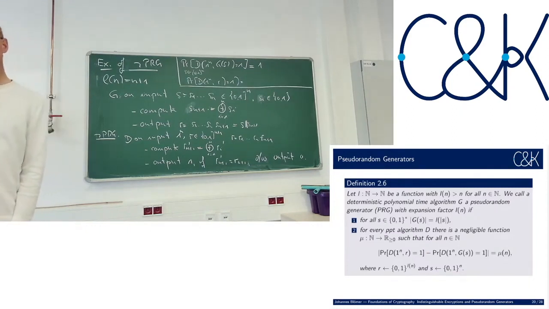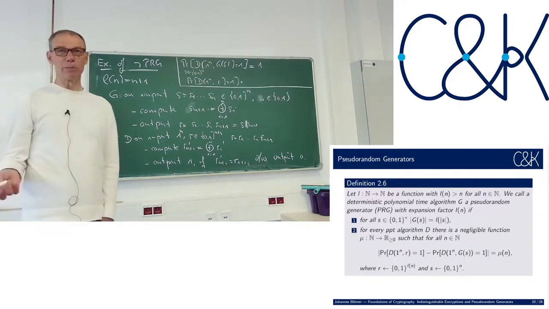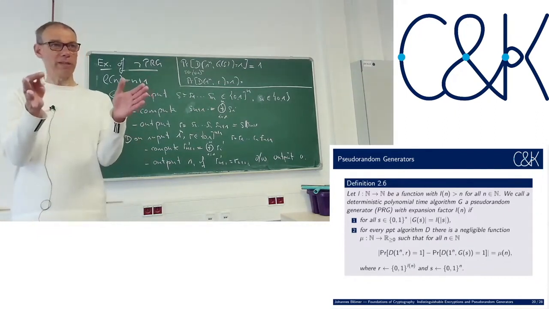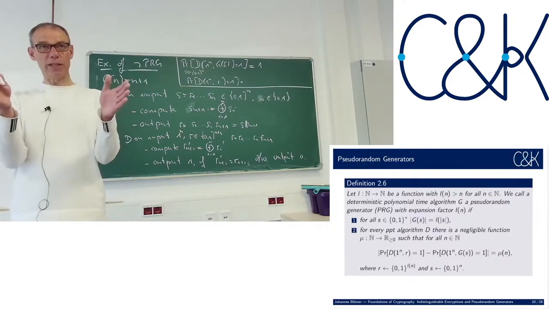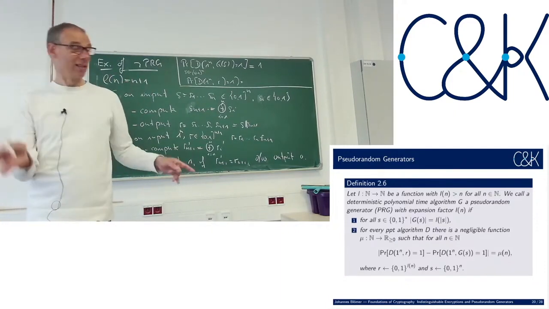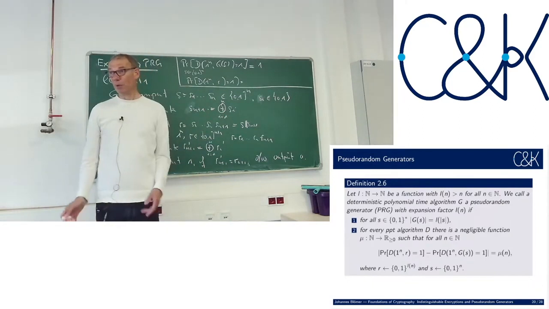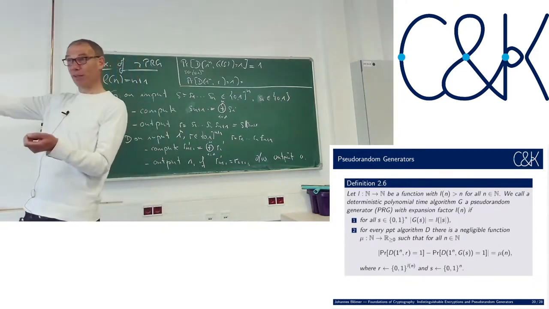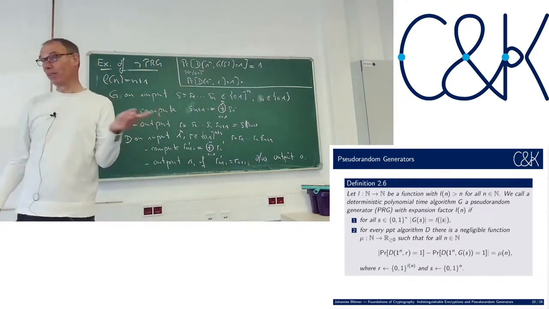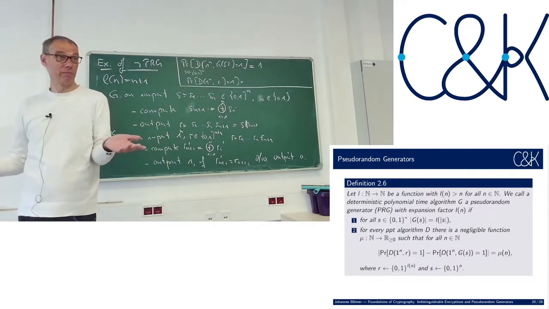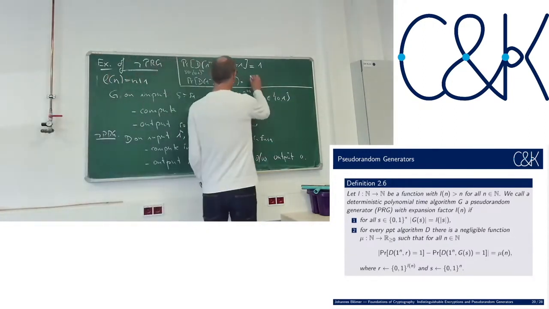Because half of the inputs in 0, 1 to the n plus 1 have the right parity, and the others don't. If you give me a random bit string, the first n bits I fix already, then the parity is fixed. But then I pick the last one uniformly at random, and it's the same as the parity with probability 1/2. It's a random bit. So this is 1/2.